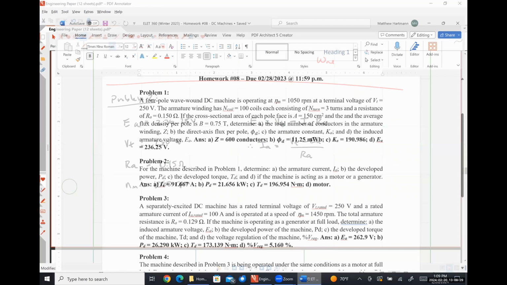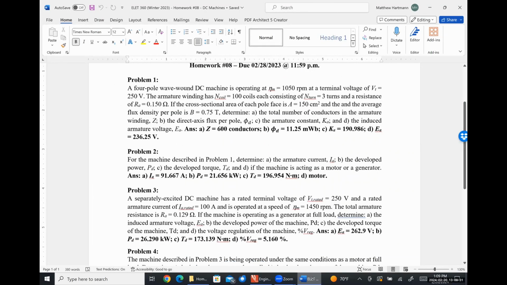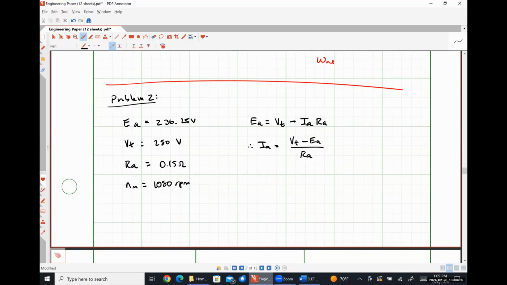For the second part, we are asked to determine the developed power. So our developed power relationship, going back to the fundamentals here, since we weren't told how this was connected, is simply EA times IA.